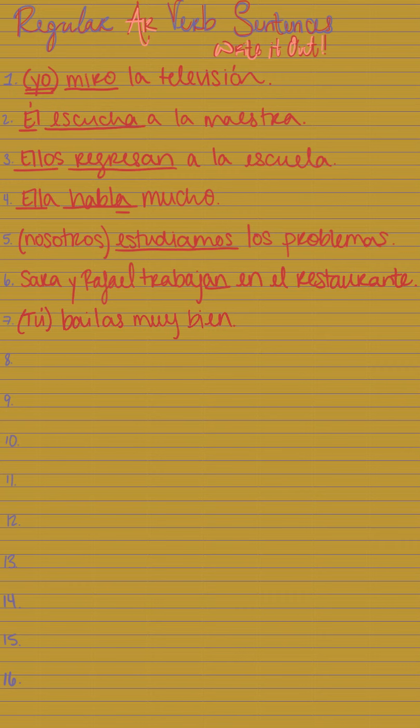Okay, continuamos. For número 8. This time I want to say you all travel to the United States. You all travel to the United States. All right. You all travel to the United States is going to start así.